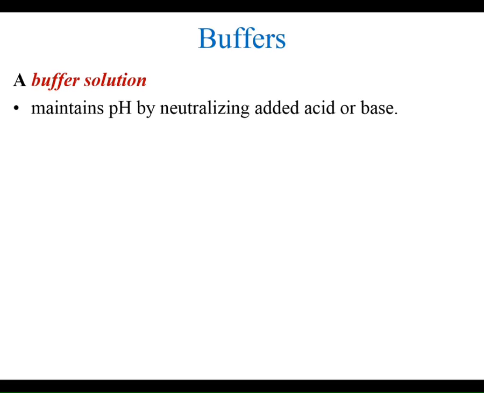So buffers are really important, especially in your body. Your body has several what are called buffer systems. Now a buffer, what it tries to do is it tries to keep the pH constant. So it tries to neutralize any acid or base that you add, either one. It tries to jump in and neutralize it, turn it to water, and keep the pH where it wants it to be.